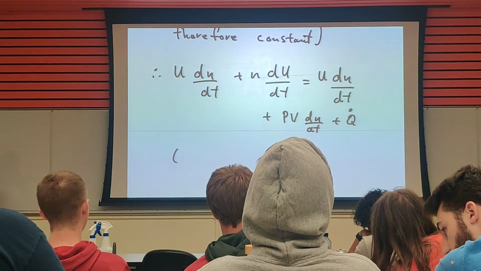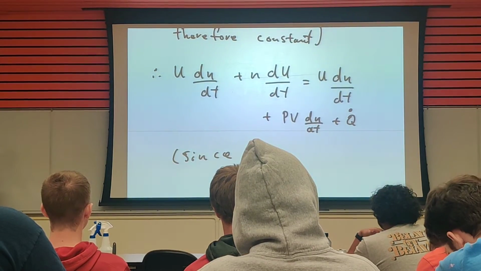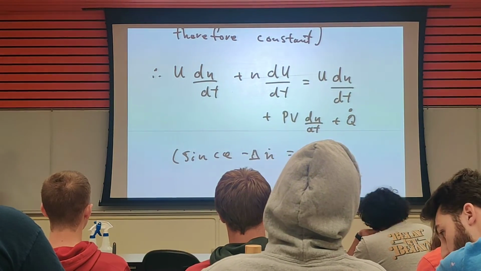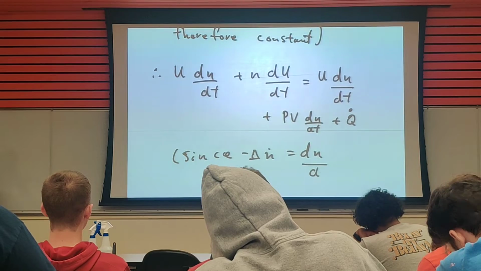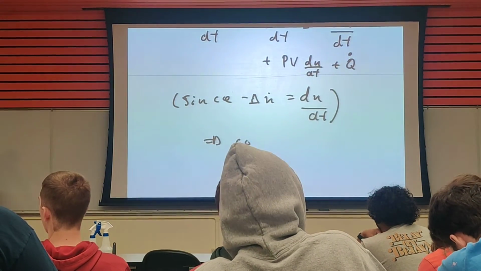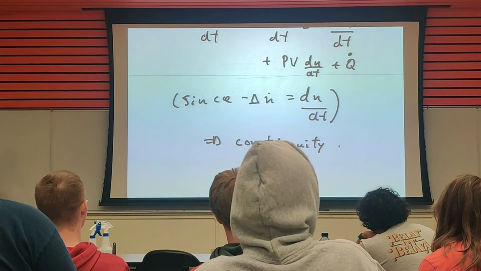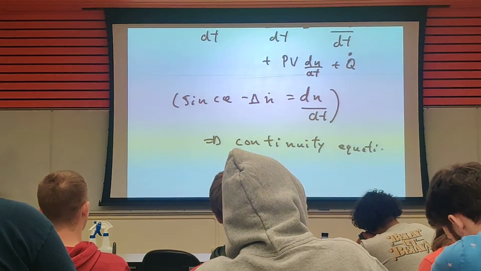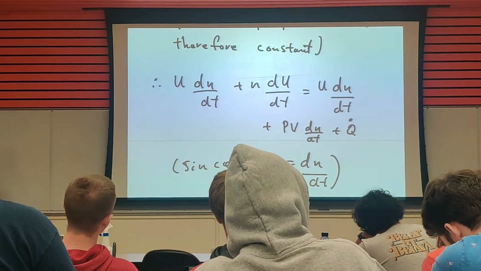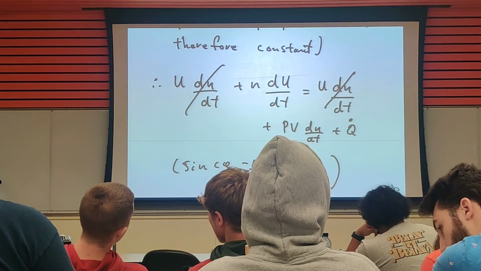So here, since minus delta n dot is equal to dn/dt, that's the continuity equation. So in particular, this term is going to cancel out with that term.